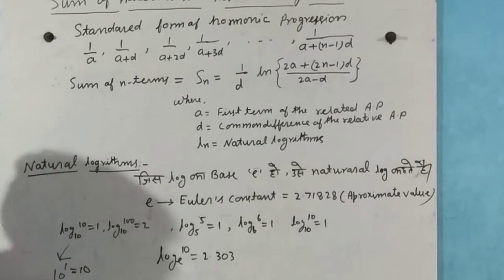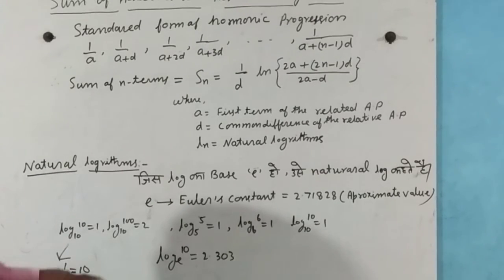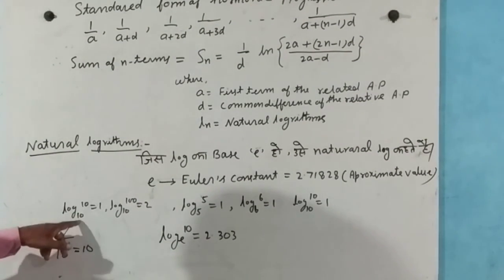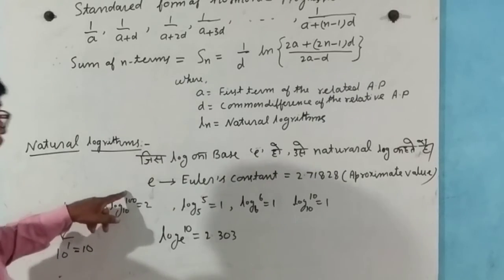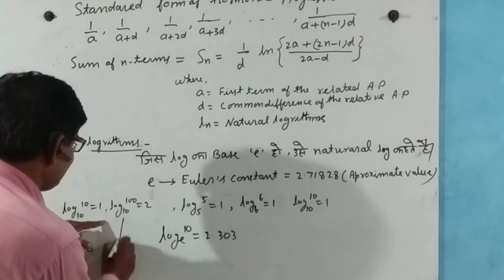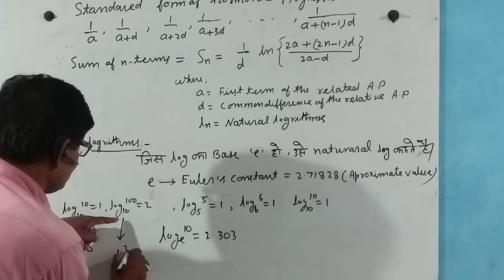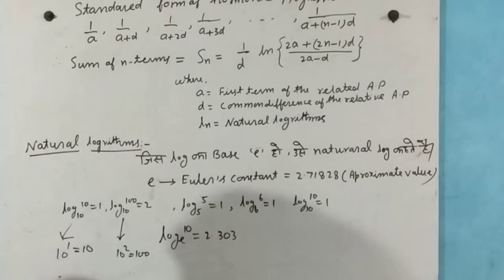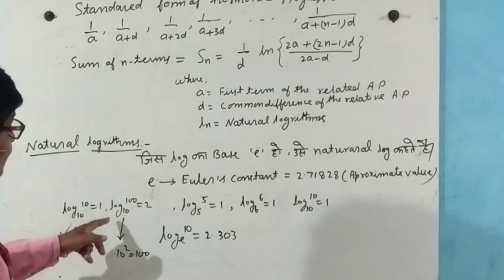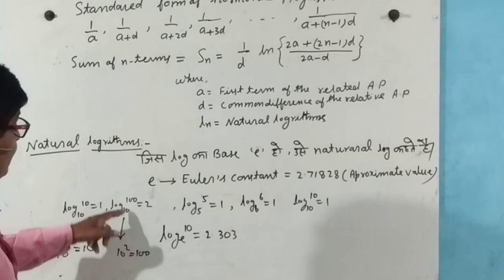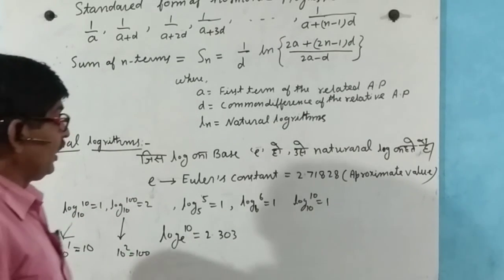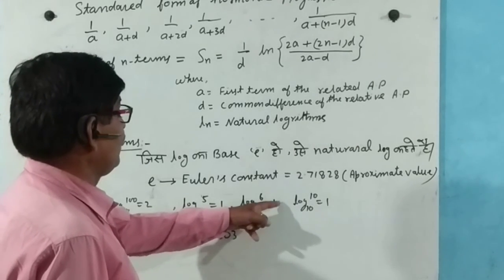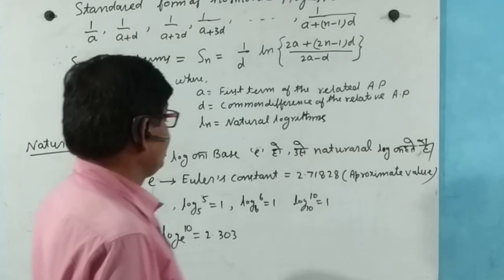This is in the power form, the exponent form. It can be written as log 10 base 10 equal to 1, and log 100 base 10 equal to 2. This can also be written as 10 to the power 2 equal to 100, in power form, and in logarithm form log 100 base 10 equals 2. And 5 to the power 1 is 5, 6 to the power 1 is 6, 10 to the power 1 is 10.